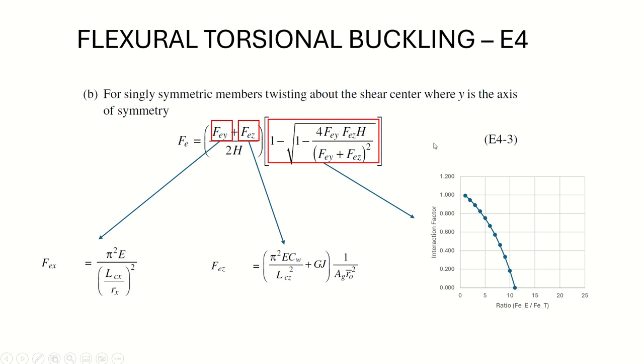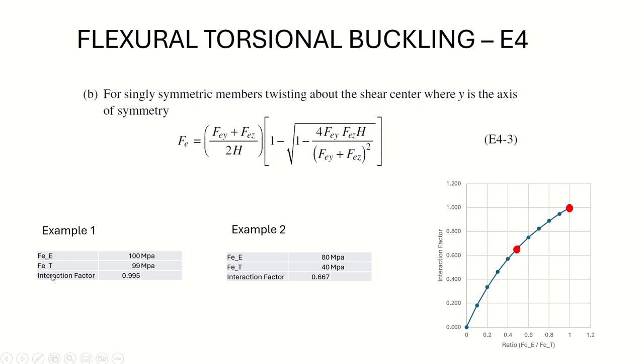Okay. If we review an example here, for example, if I have for these two values, these ones, 199, I will have an interaction factor of 0.99, which is virtually 1. So if I have these two values, I will have as a final result just the average, right? But if I have these two values, for example, 80 megapascals and 40 megapascals, first of all, I have to take the average, which is 60, and then I will have an interaction factor of 0.66.